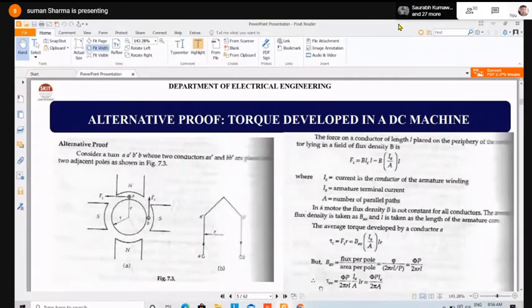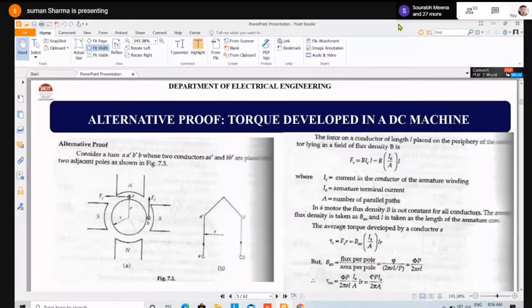Then the average torque after substituting this value of flux density is the same as what we obtained earlier from the control equation or voltage equation, that is phi P IA divided by 2 pi A. This is for one conductor and there are a total of Z conductors, so you multiply this term with Z. PZ by 2 pi is a constant.